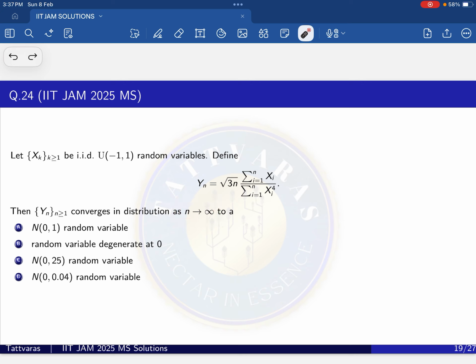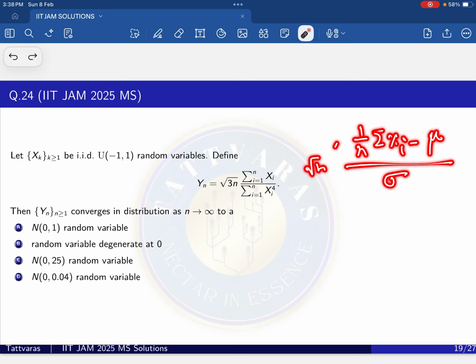So the options can be either normal 0 1, normal 0 25. To be very broad, it either says convergence to a normal or a degenerate at 0 random variable. In order to solve any of these kinds of questions, just recall what results you know. There are many results in large sample theory, like the sample mean going near the population mean.